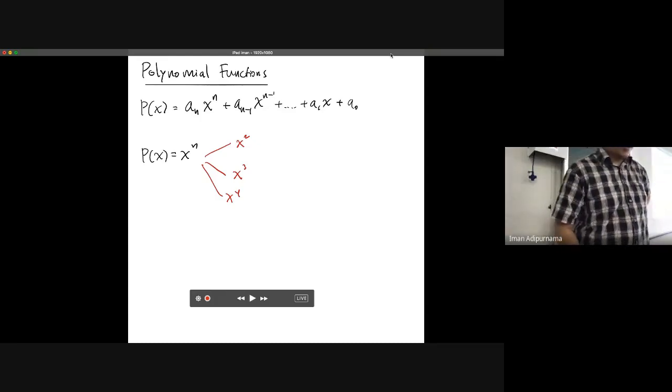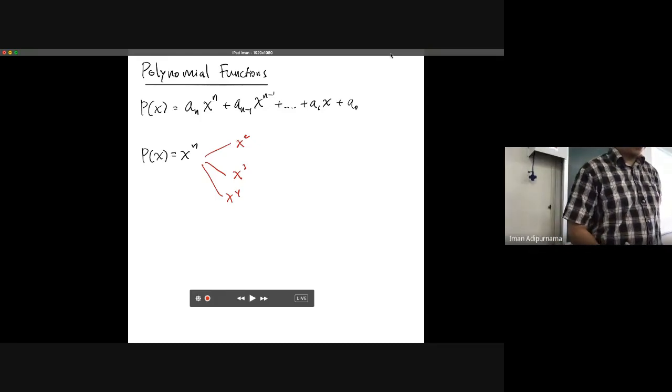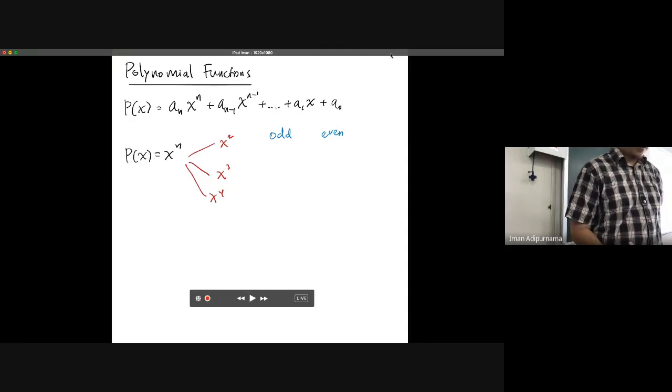And if we divide, they become two kinds of function, odd function and even function. Let's start from 3.